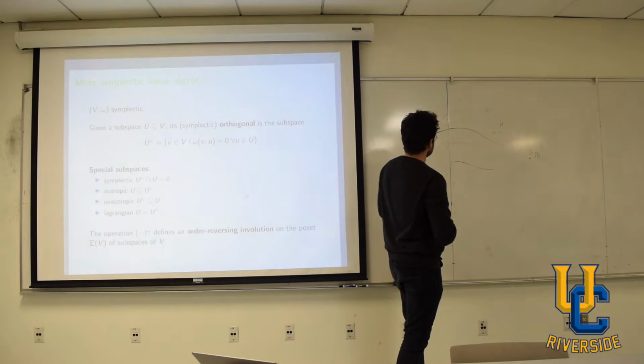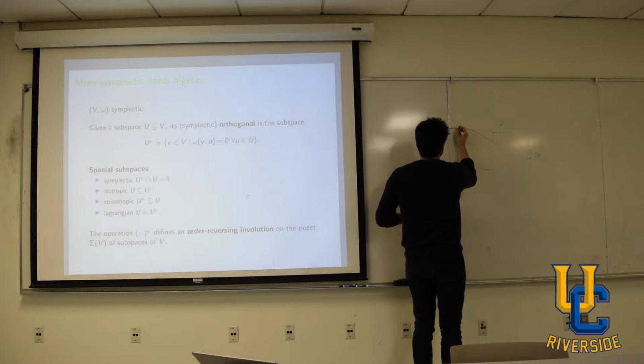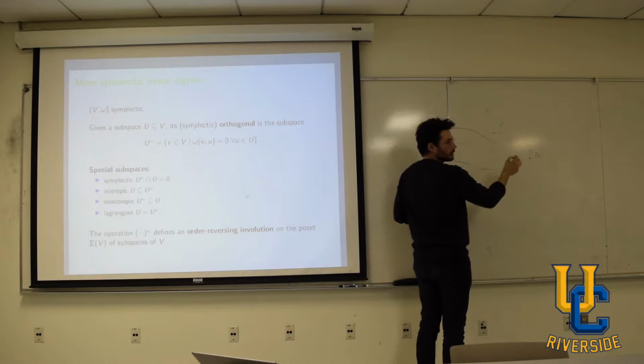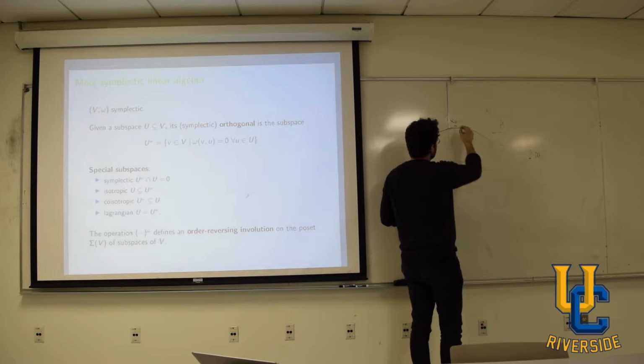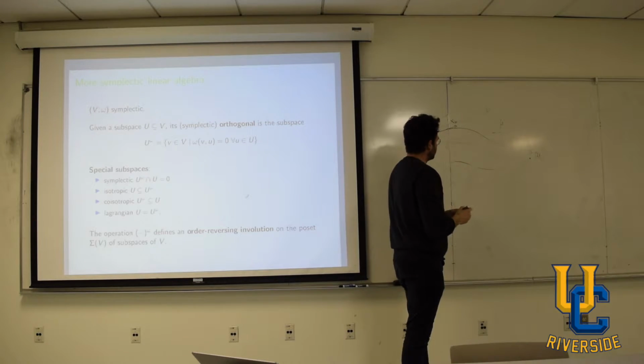And the Hamiltonian vector field associated to H will be tangent to this. So here we have our X_H. And the flow, so the solutions to Hamilton's equation, will flow inside of this surface.